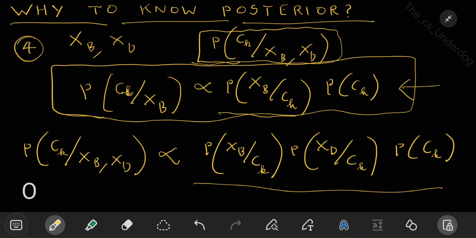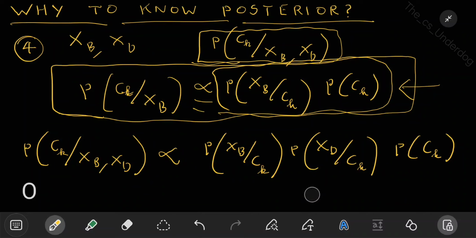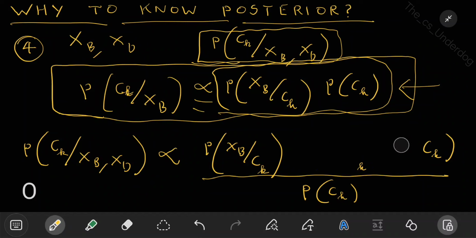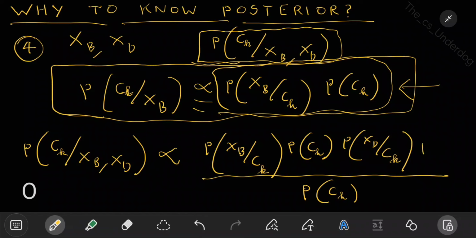This is again from Bayes theorem. I am taking Bayes theorem's numerator, that's why I am putting the directly proportional sign instead of equal to. So in order to match up with this, I'll add an extra P of CK here. I'll divide by P of CK and add another P of CK, then P of XD given CK, and finally one more P of CK.